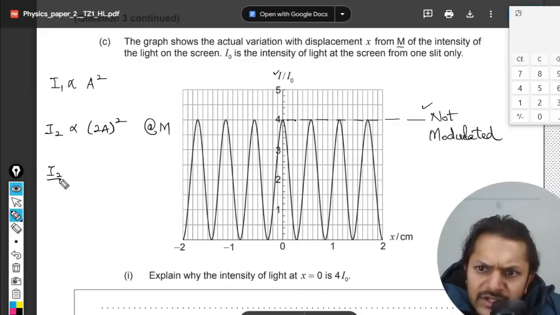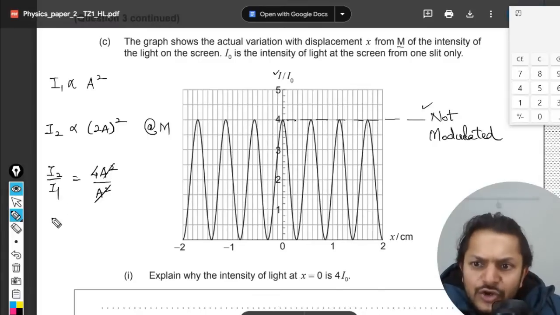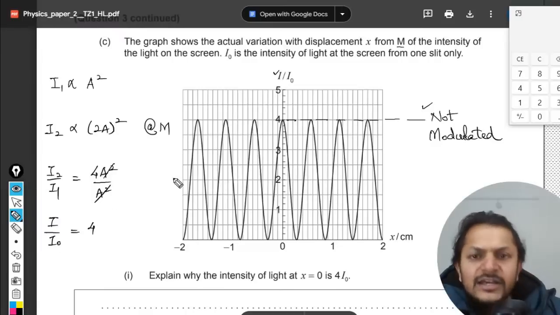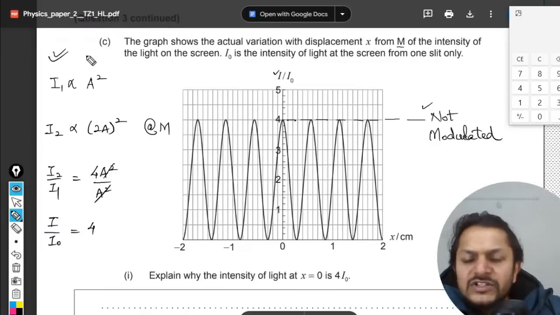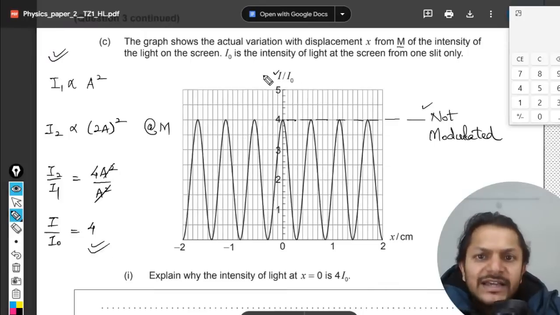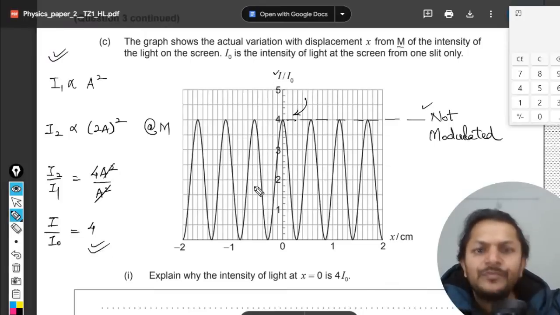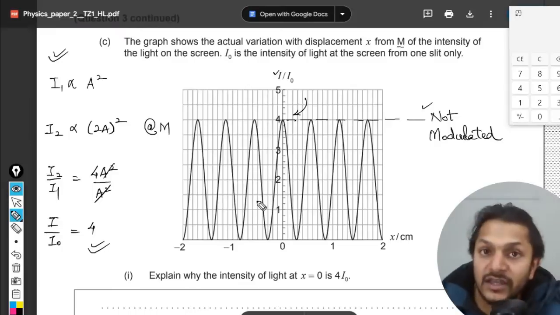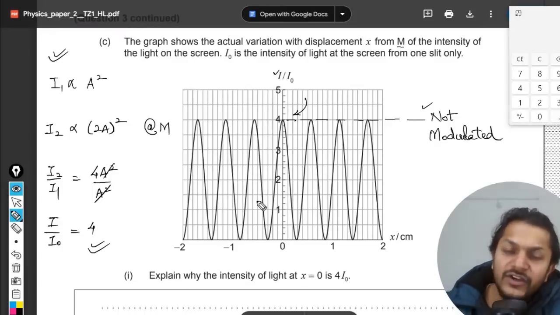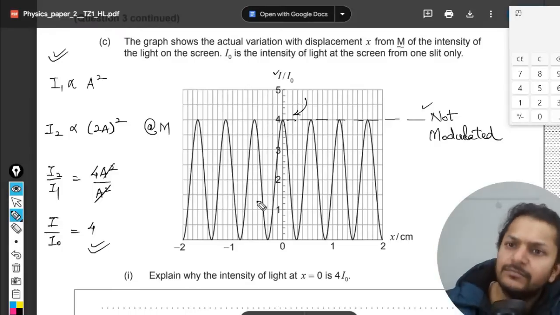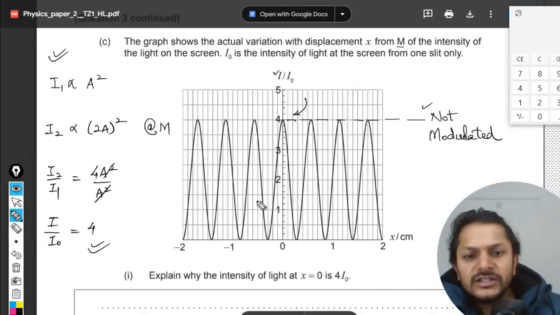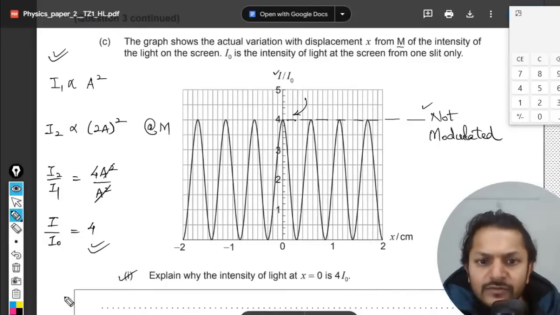By using the principle of proportionality, we can clearly say that it will be like this. I2 is the new intensity and I1 is the original intensity of one slit. So by using this principle, we can prove that yes, this will be equal to 4. We do not even need to know the formula for this, and we have still done it. So this is how this question will be done.